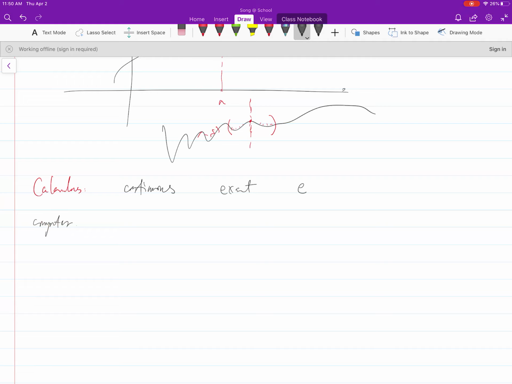But in real life, especially with a computer, a computer can only give you something discrete. It cannot represent all the numbers between 0 and 1. It can only represent numbers like 0.000001. But you do have a step, no matter how small the step is, of the numbers the computer can represent. Okay.